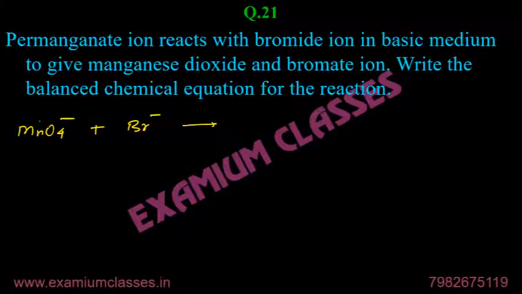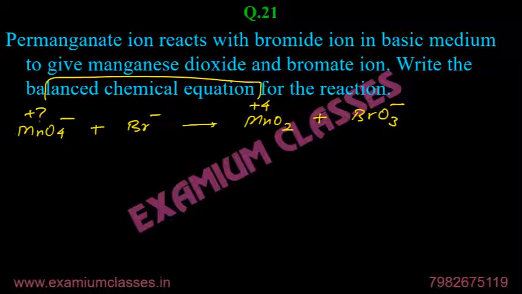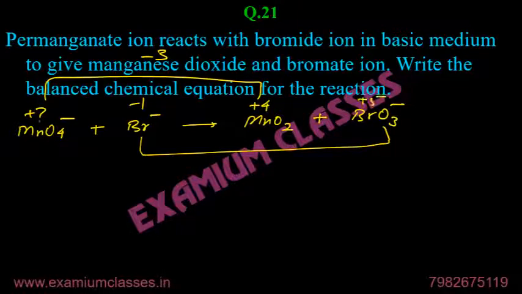In basic medium, obviously, we will use OH minus later on, to give manganese dioxide and bromate ion. Now, here it is +7, here it is +4, it is -3, here it is -1 to +5, so here it is +6.